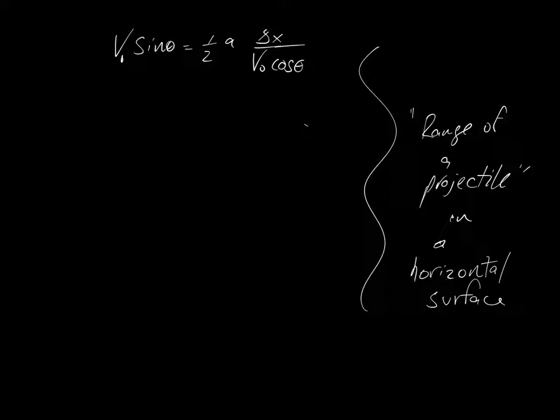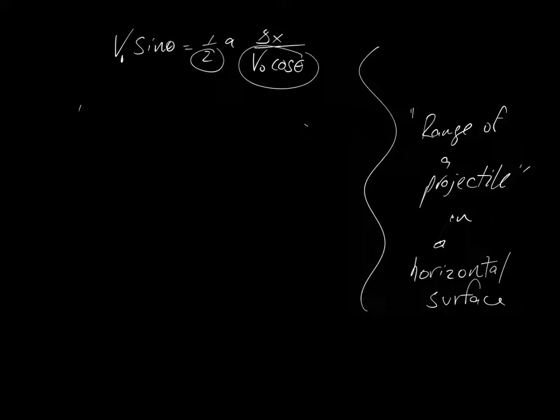And what I want to do is be able to find the range for any angle. So that was the goal I set out to do in the beginning here. And if I just rearrange things, solving for delta x, all the things that are in the denominator move to the numerator on the left side, right?